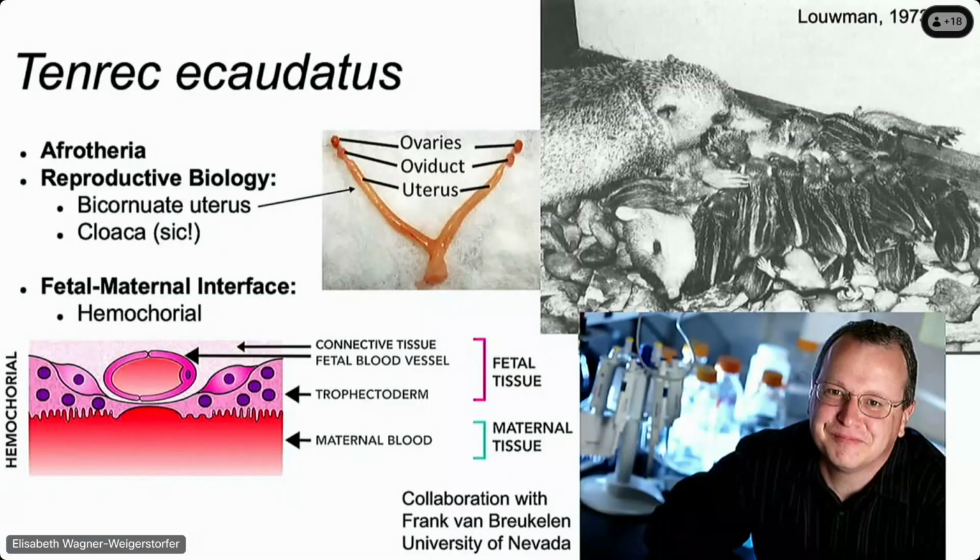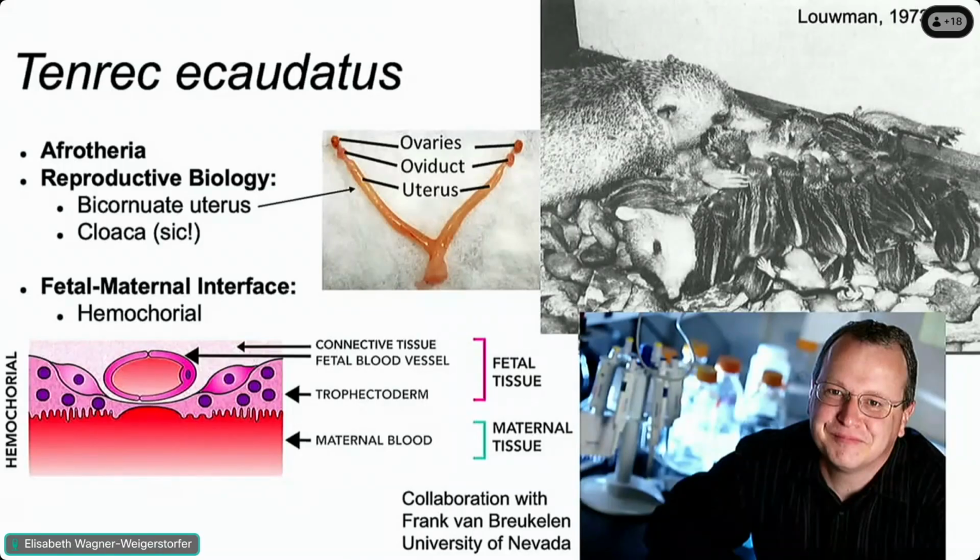It's quite surprising to have proper Eutherians with a cloaca, but nevertheless, they have the most advanced form of fetal-maternal relationship, namely a hemochorial placentation, where the fetal cells are in direct contact with the maternal blood.